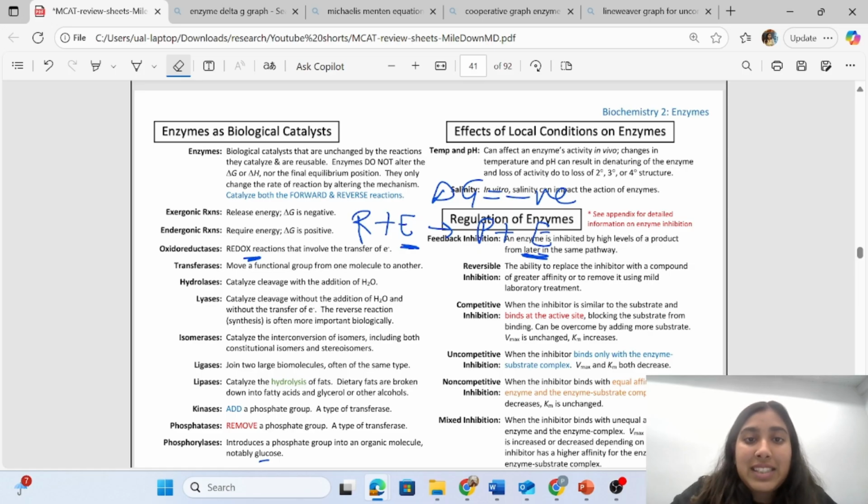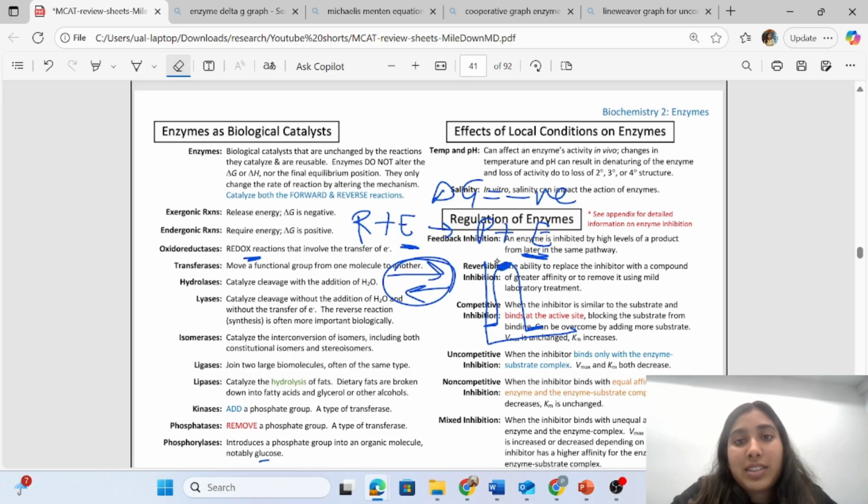Another thing is it always catalyzes both the forward and the backward reactions together, because if you see this graph, this is the initial delta G and this is the final delta G, and this is the activation energy or the transition state energy. What the enzyme does is lower this big jump in energy. So your initial and final are still the same, your delta G is the same, and your delta H is also the same.